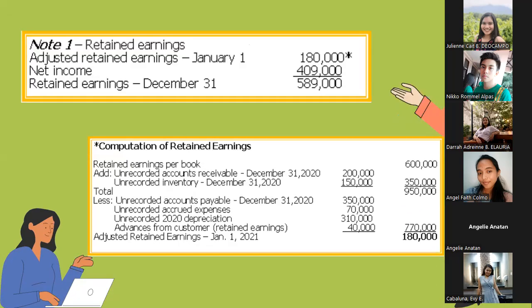For retained earnings, the computation for retained earnings is as follows. Retained earnings per book is 600,000. The unrecorded accounts receivable on December 31, 2020 is 200,000 plus unrecorded inventory on December 31, 2020, 150,000, equals 350,000.